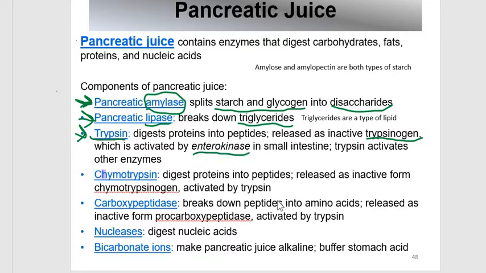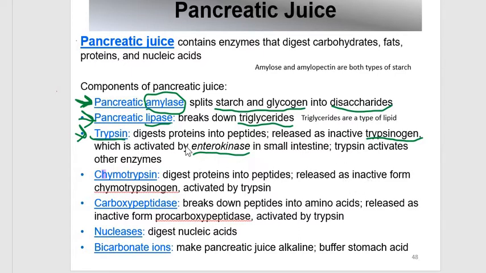So I don't want you to think that trypsin is an enzyme of the small intestine. It's still made by the pancreas. It just doesn't get activated. Trypsinogen doesn't get activated into active trypsin until that destination of the duodenum has been reached.